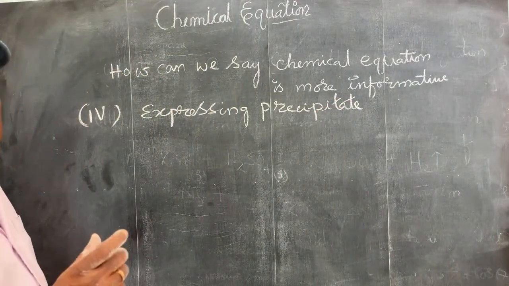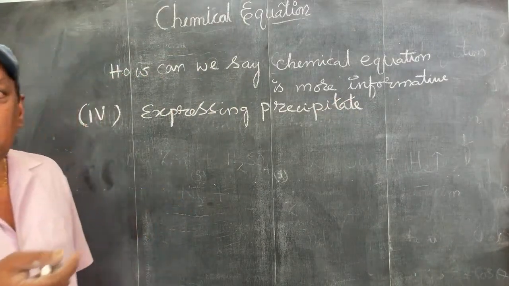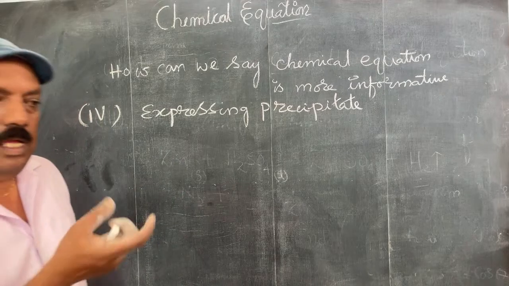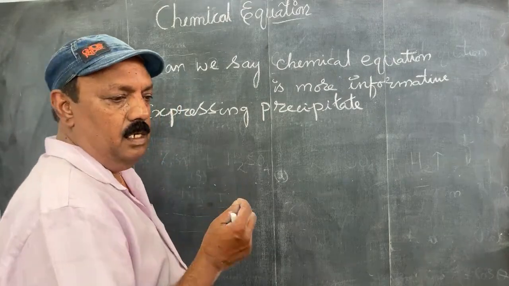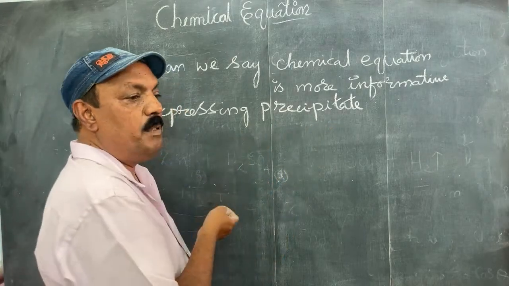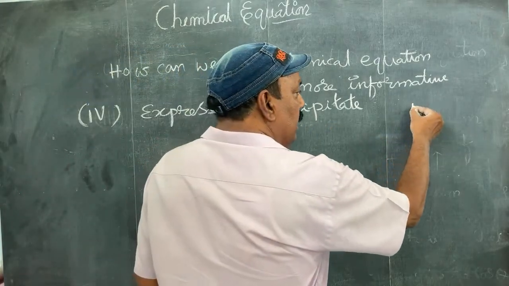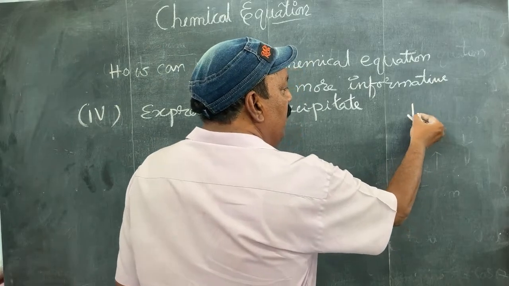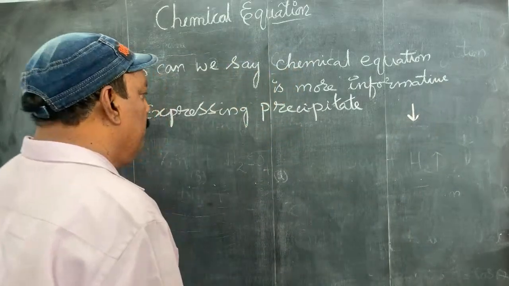Here, precipitate means it is a liquid state containing some sort of solid particles. A liquid containing some solid particles is considered a precipitate, and its symbolic representation is a downward arrow mark.